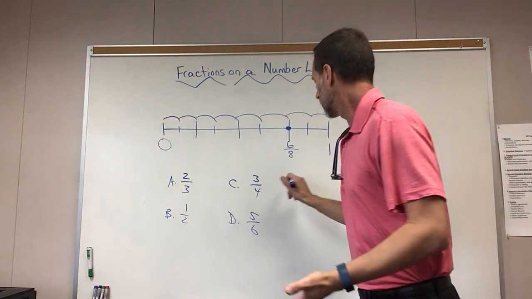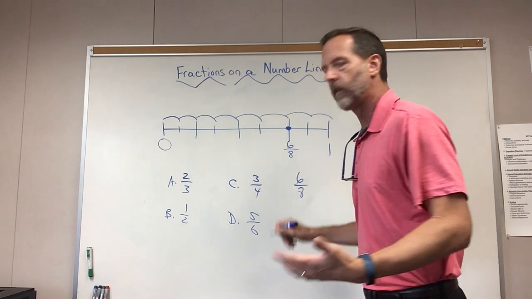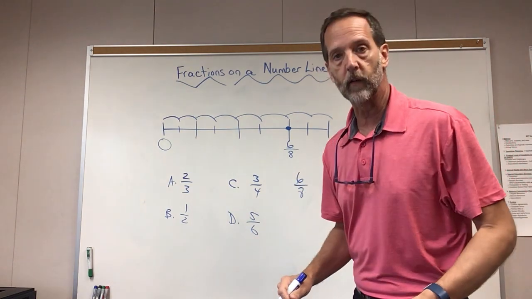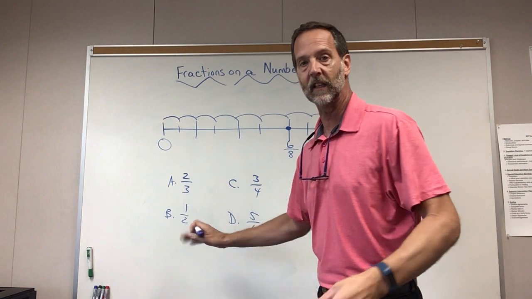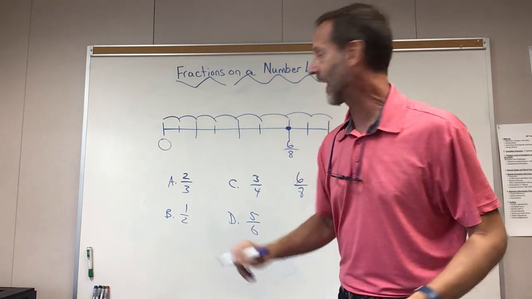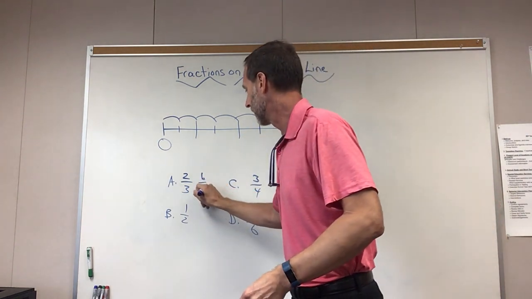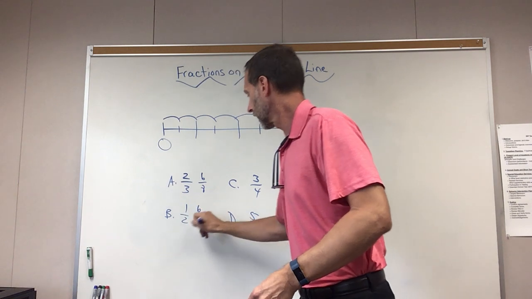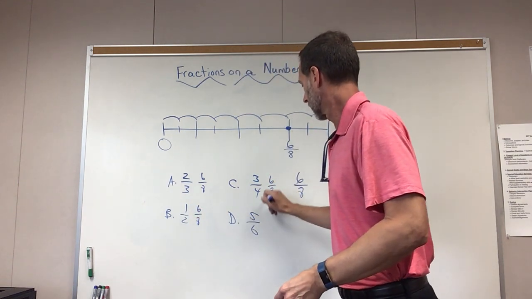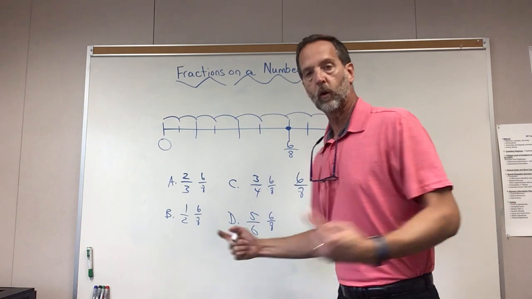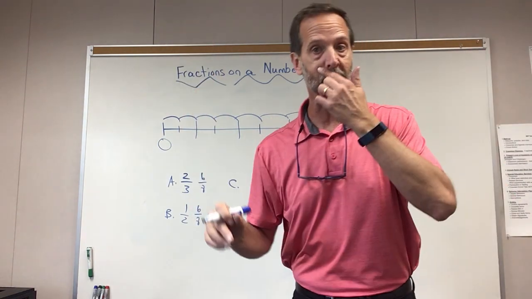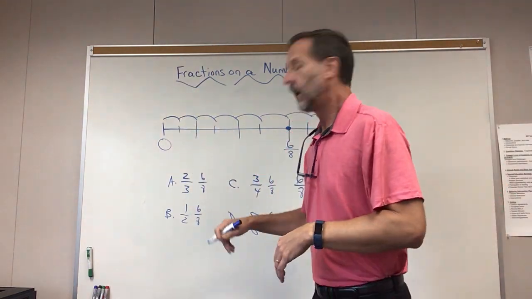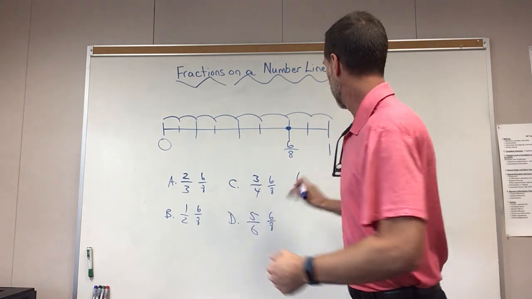No, you didn't. 6/8. Now we have to find the equivalent fraction. We talked about equivalent fractions. Can I put 6/8 next to each of these and cross multiply? I can certainly do that. When I cross multiply, I want to look for one that gives me the same numerator in both, right?